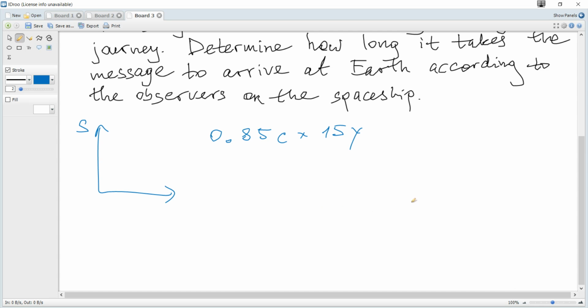It becomes 12.8, or 13 years. Not actually years, because c, the speed of light, multiplied by a year becomes a light year. So it becomes 13 light years.